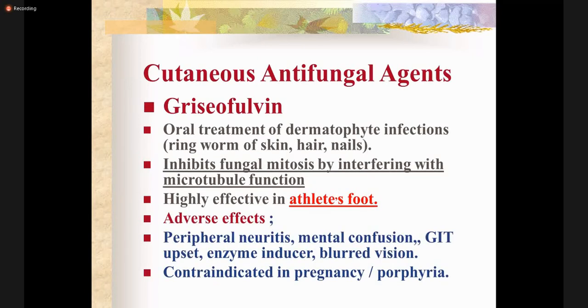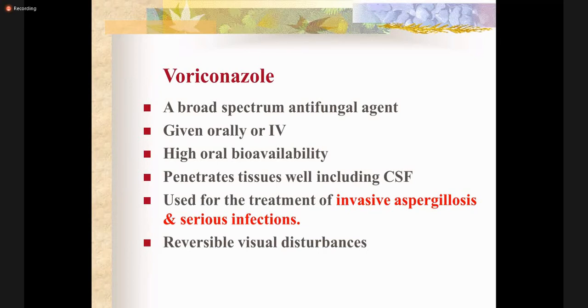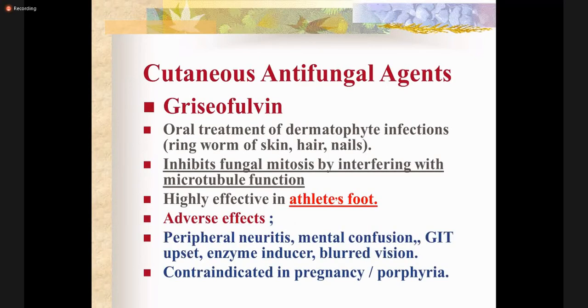So this is up till now, where we discussed the systemic infection. Now we are discussing the cutaneous infection, or the infection that is superficial, affecting the skin. For example, Griseofulvin is a drug that is used for cutaneous infection, and this is given for dermatophytes.